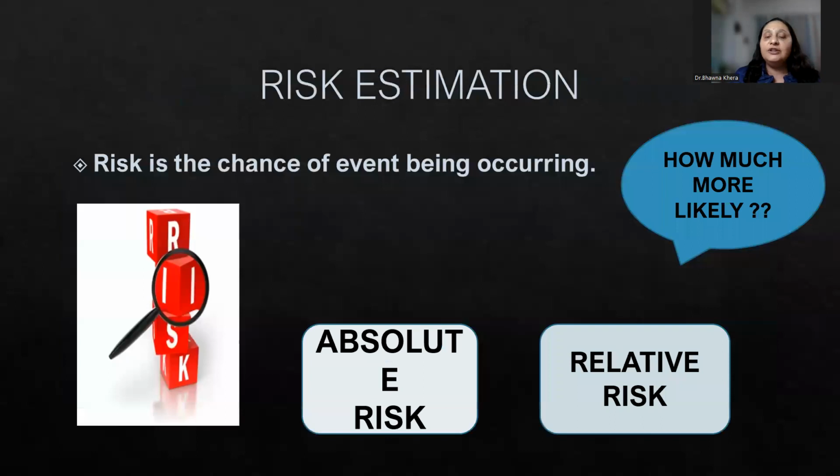Now let's see how we calculate these. Risk estimation: how much more likely a person will develop an event. So risk is the chance of an event occurring if a person has a certain exposure or if a person does not have an exposure.